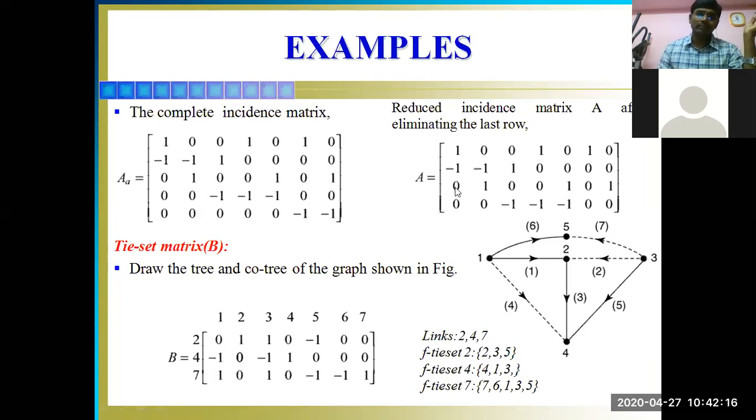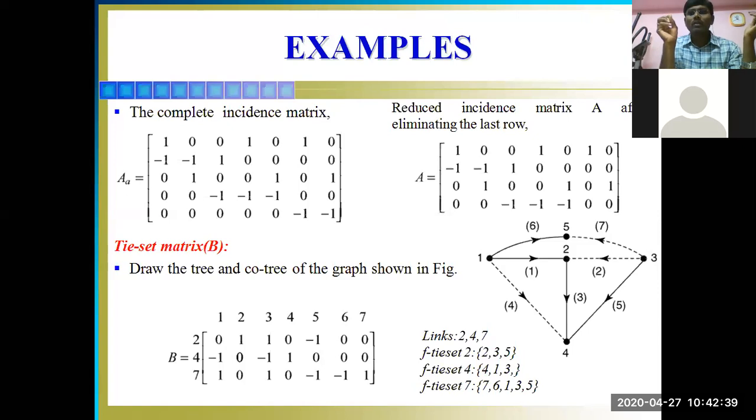That is about this one. Now come to the tie-set matrix B. To get the tie-set matrix and cut-set matrix, we need to form a tree and co-tree.